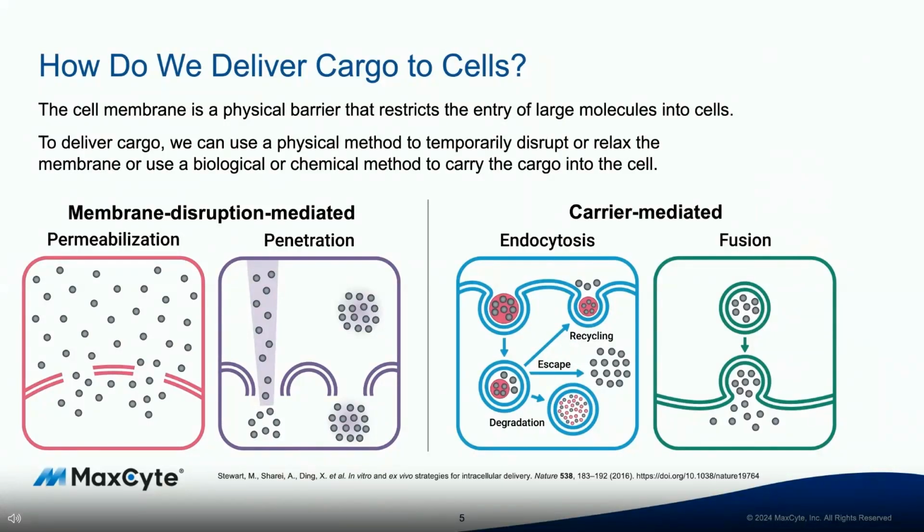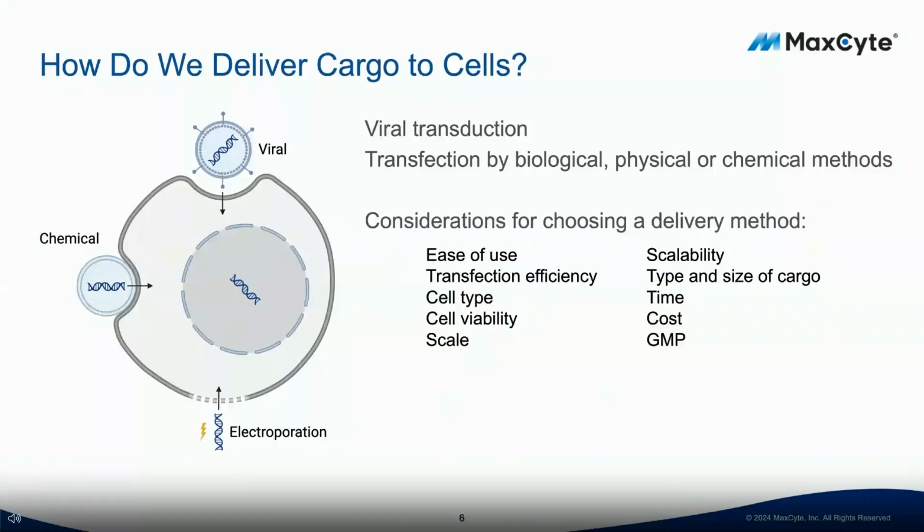A carrier-mediated method usually involves either a virus or chemical method that can introduce the cargo by endocytosis or direct fusion with the plasma membrane. Today, I'm going to go over three of the most common approaches for delivering cargo into cells, including viral transduction, transfection by chemical methods, and electroporation.